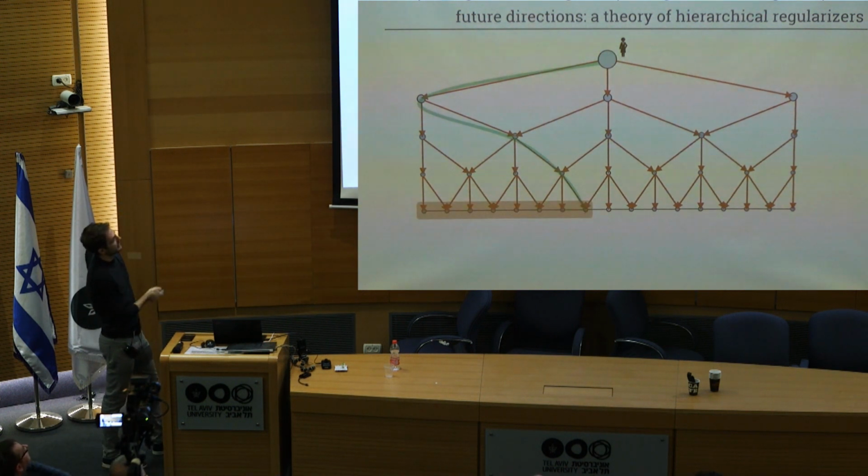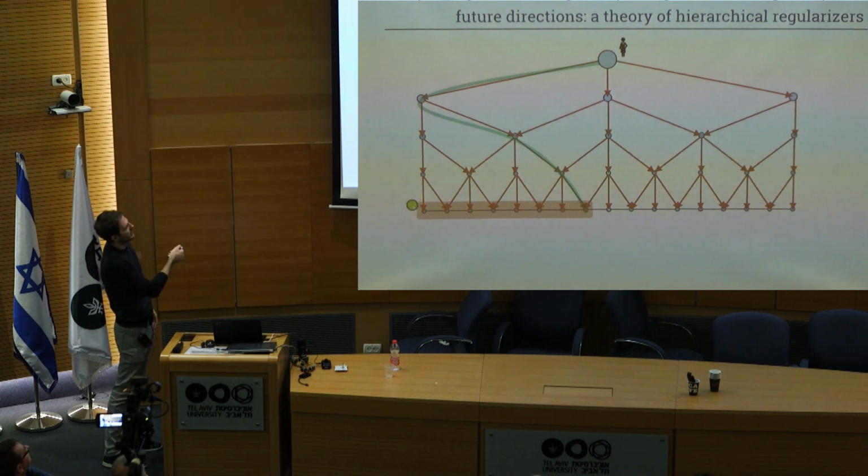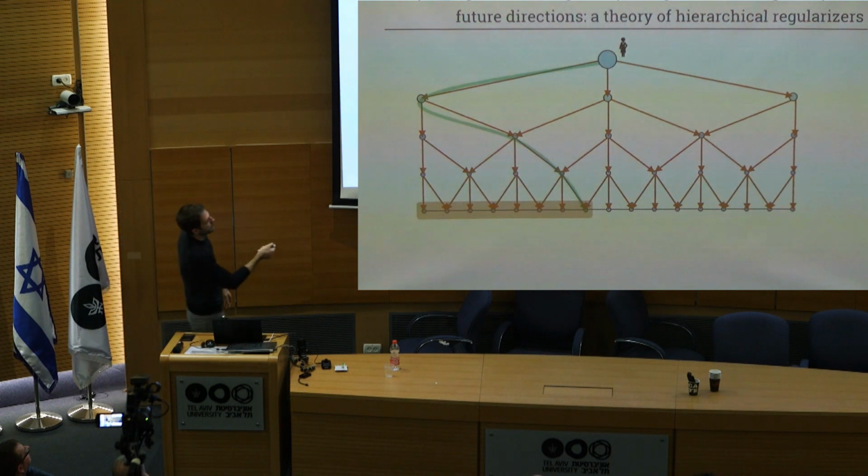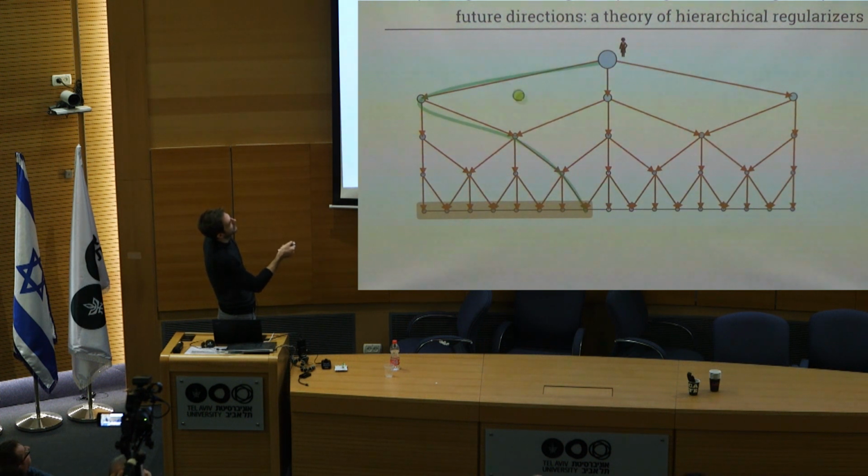So here's an example. Suppose that my algorithm is playing at this point, and it's represented as a flow like this. And now a cost function comes which is just large at all these points for a while. So what should my algorithm do? It makes sense that my algorithm should move over here. But it's going to move there quite slowly, because it can't get there by doing this.